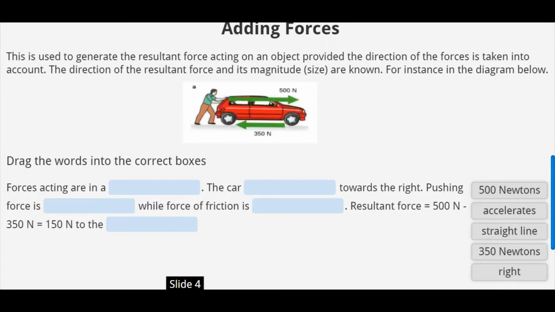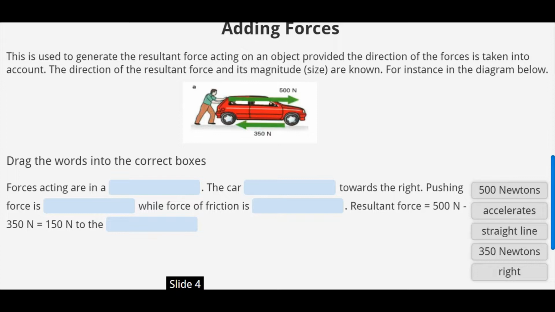For instance, in the diagram below, the force of friction is acting backward, while the force of pull is acting forward. That's why we have the force of pull to be 500 Newton and the force of friction to be 350 Newton. With that, let's drag these words into their respective positions.